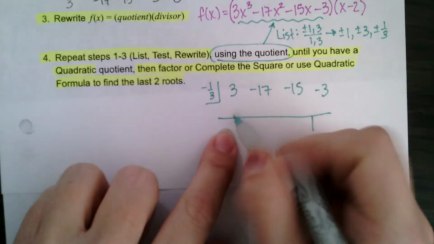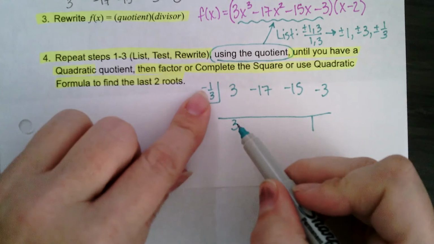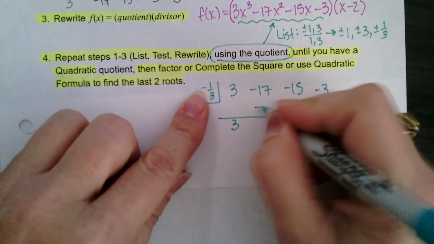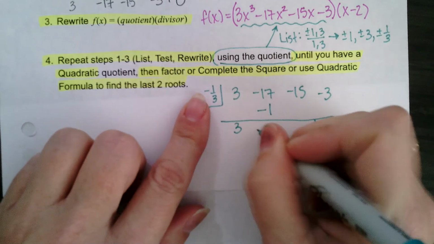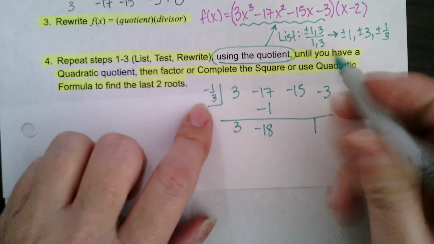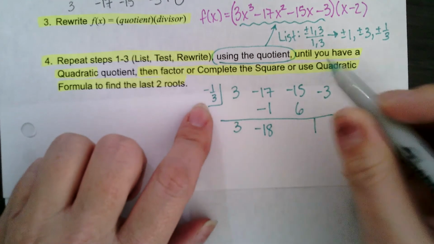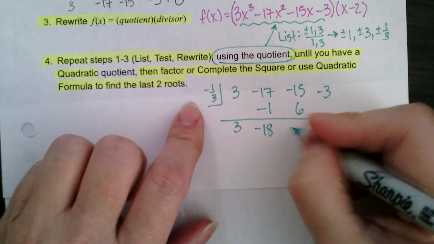So again, we bring that 3 straight down. And then 3 times negative 1/3 would be negative 1. Then we add straight down. We get negative 18. Negative 18 times negative 1/3 would be 6. Add straight down. Negative 15 plus 6 is negative 9.